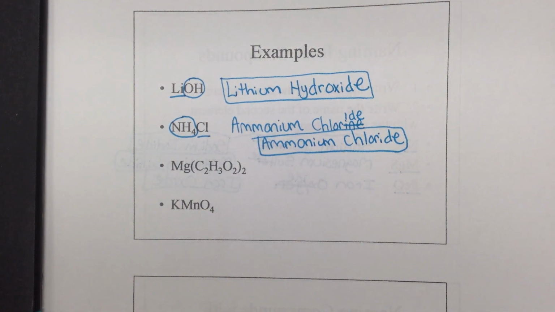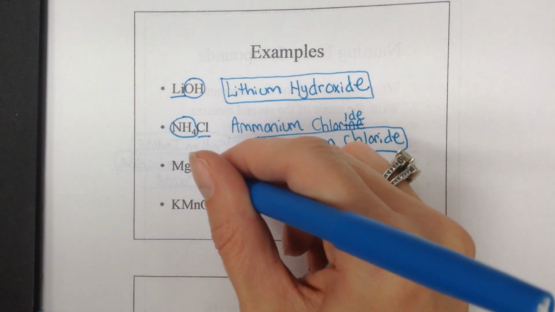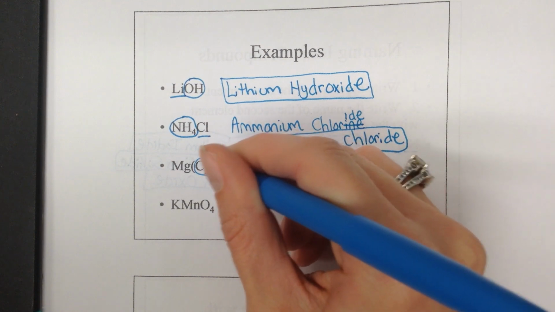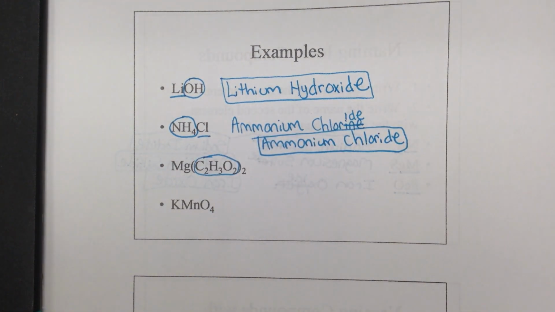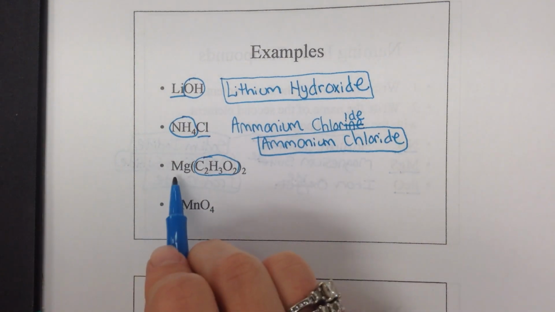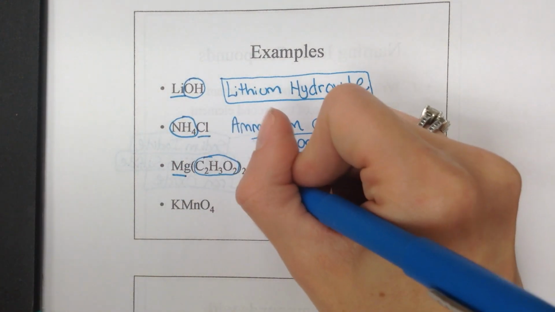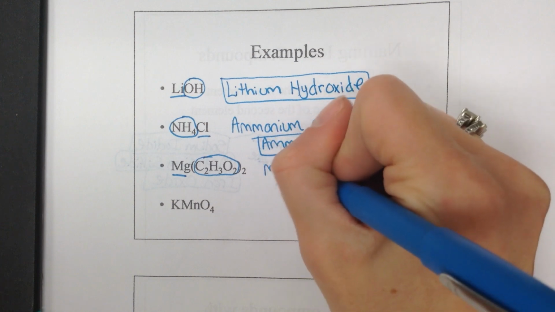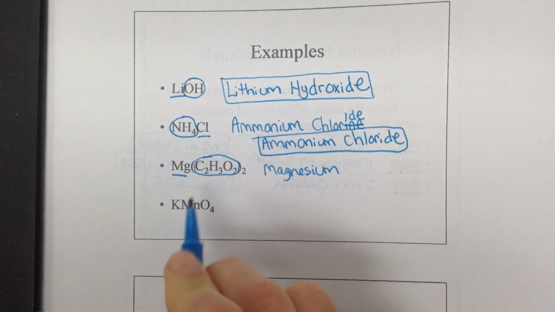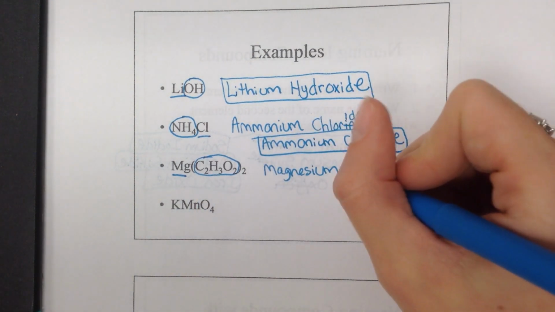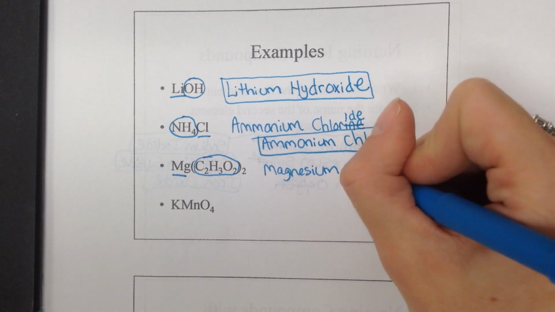Okay, the next one, I see a poly, there it is, C2H3O2. Hopefully you're starting to see why it's vital that you learn these so that you can recognize them. So, first element, that's just magnesium, we always name it as is. And then C2H3O2 is a poly, and we don't change the endings of those, so you name it as is.